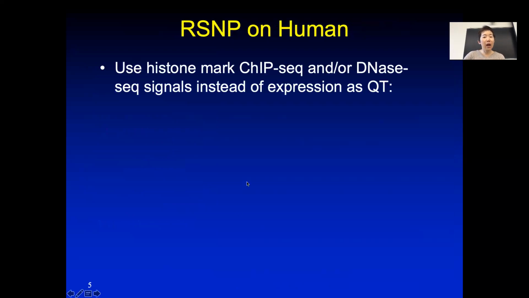Yeah, so in order to understand this, sometimes people use this. For example, if you look at the histone mark or DNase hypersensitivity, sometimes people can also use the histone mark ChIP-seq signal as a quantitative trait instead of gene expression.